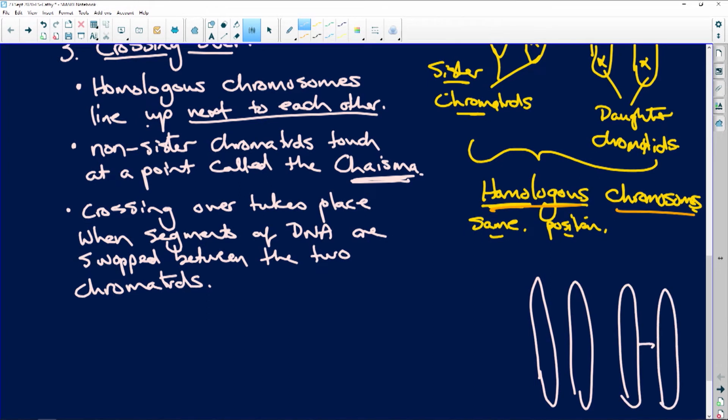Okay, so you're going to have, so this will be the maternal and paternal, doesn't matter which order they're in. Okay, they're then going to lie next to each other, and then they cross over. So this one is going to do this, this one's going to do that, and where they touch, that's your chiasma.